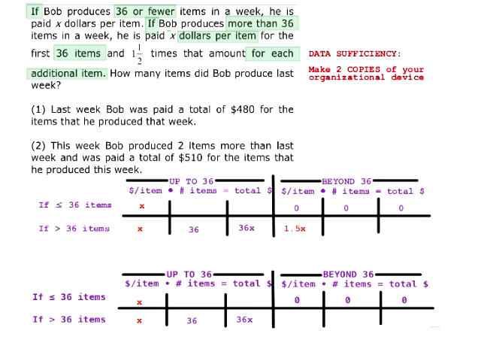So now how do you do, let's say that you have N number of items. Then what is this? This would just be the N items. And then this would be N minus 36.